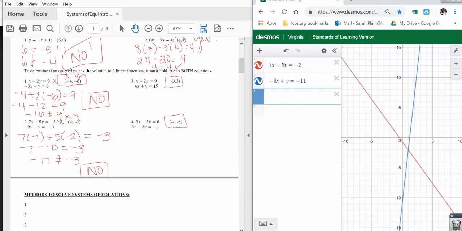And if I even want to type in the ordered pair (-1, -2), notice that green dot is not on either of my lines, so I would have gotten no on either line I plugged in.